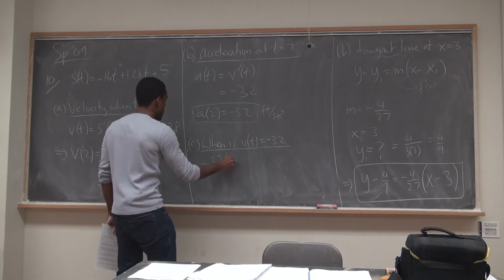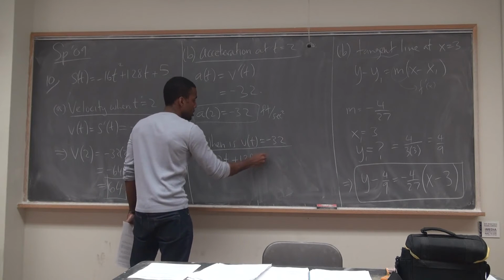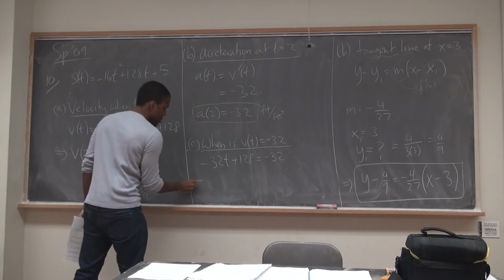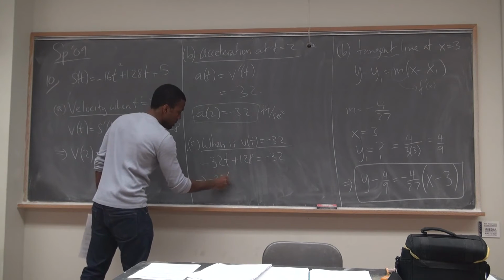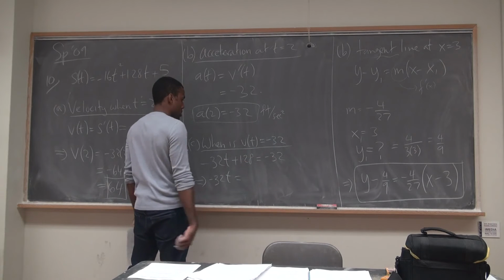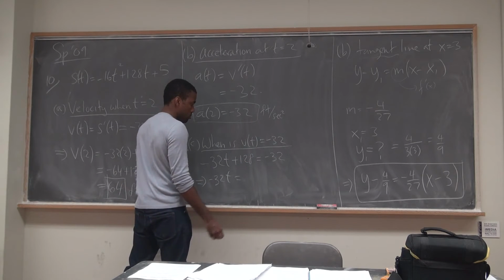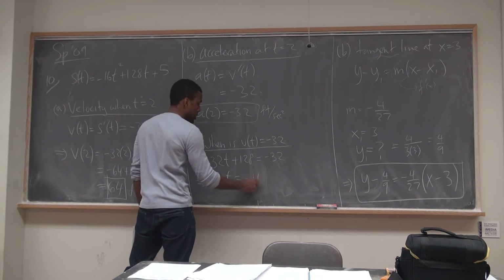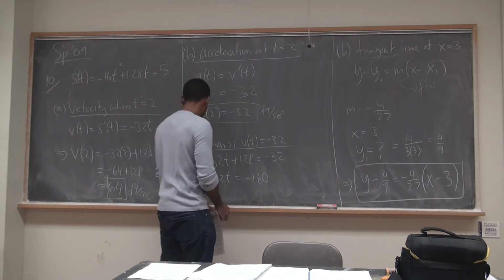So minus 32t plus 128 is equal to minus 32. So this means minus 32t equals, what's 32 minus 128? Minus 32 minus 128 is minus 160.